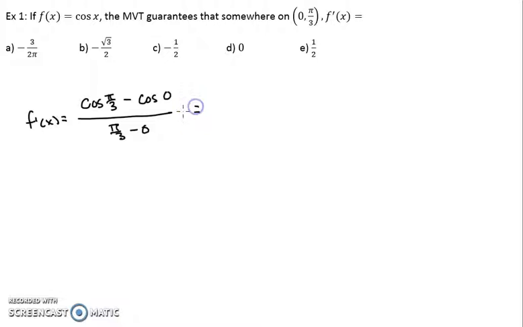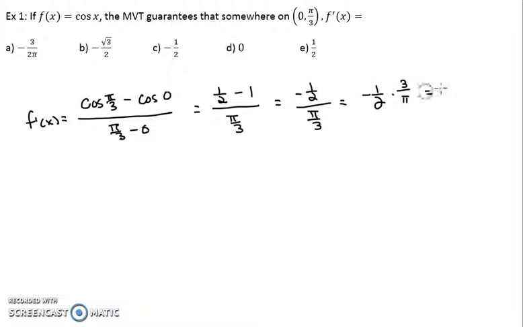So working this out, cosine of pi over 3 is 1/2, cosine of 0 is 1, over pi over 3. So we're looking at negative 1/2 divided by pi over 3. So if we multiply by our reciprocal, we're getting negative 3 over 2 pi. So our answer here would be A.